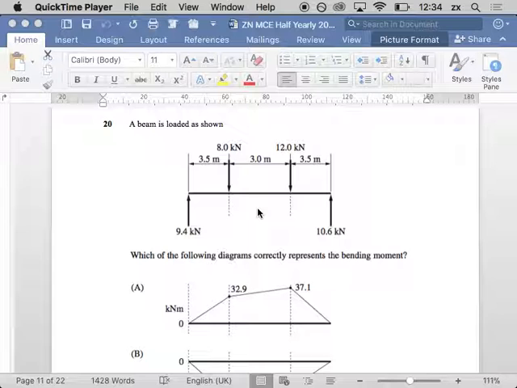Now, first of all, what do we got here? We're going to tell the story of the forces, right? First of all, the force went up 9.4 newtons. And then it went across 3.5 meters. And then, all of a sudden, it went down 8. Right? So it went down 8. What did we have left? 1.4. Thanks, guys.